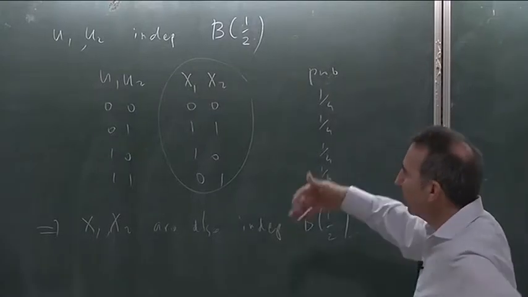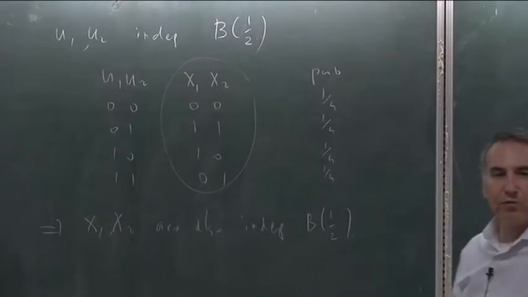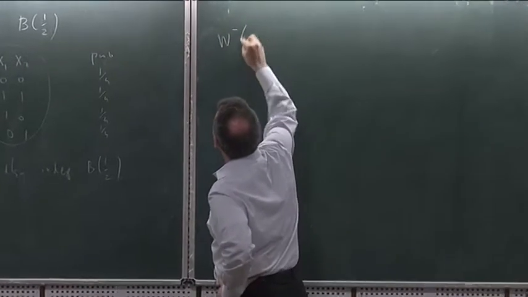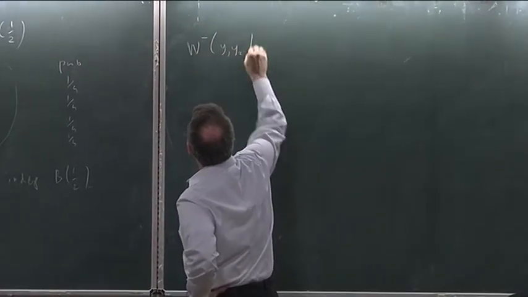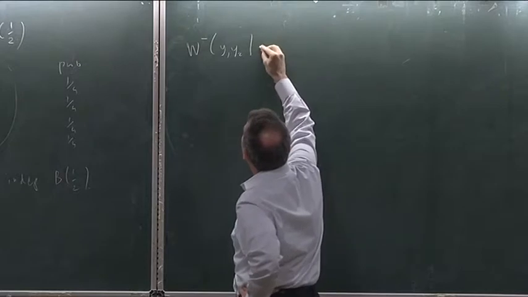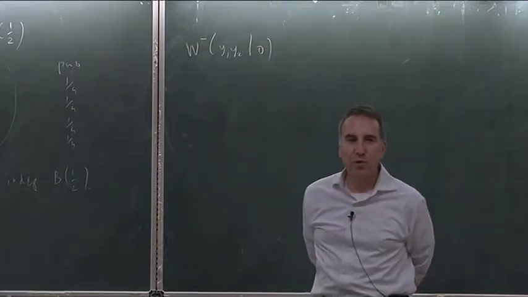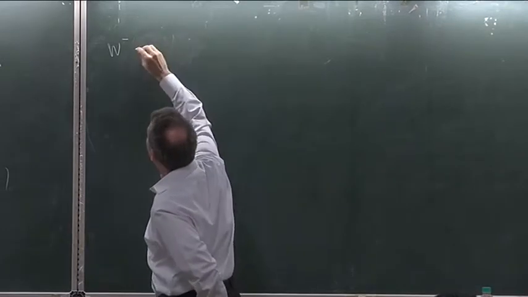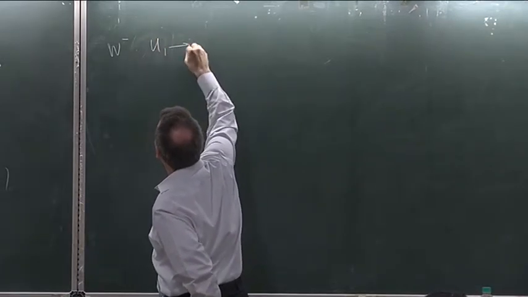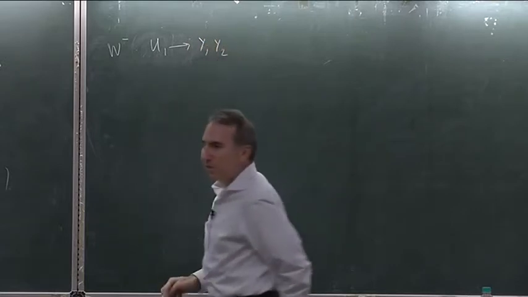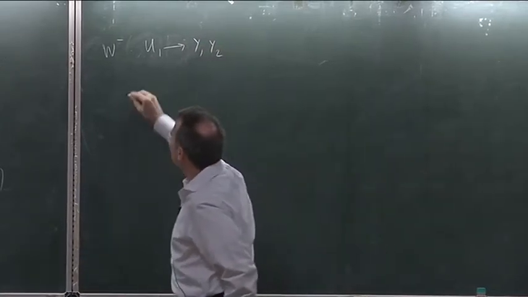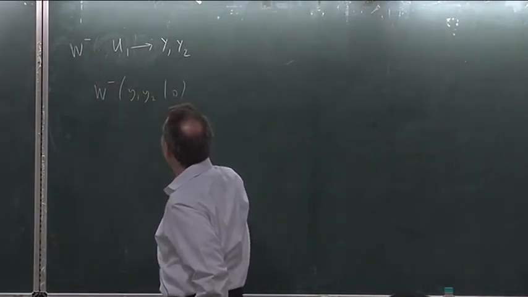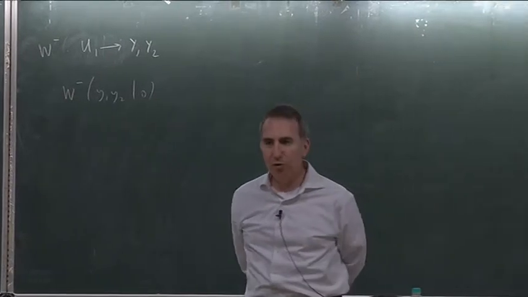Now let's take a look at this channel W minus we have created. W minus has outputs y1, y2. Maybe I should remind you that W minus is the connection between u1 and y1, y2. Let's look at the chance of receiving a particular y1, y2 given that u1 is 0.